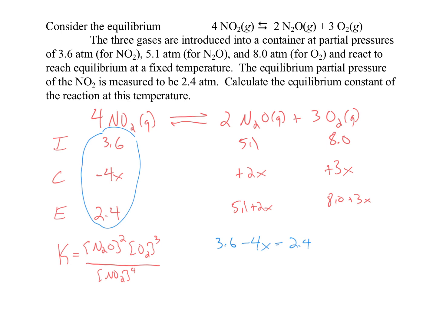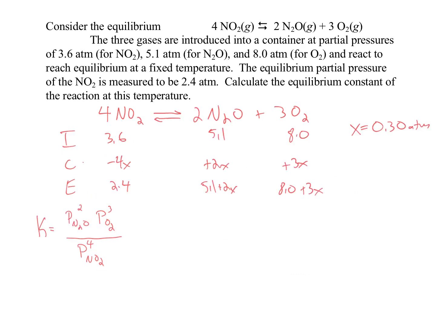So when I solve for x, I'll subtract 3.6 from both sides. So I have minus 4x equals minus 1.2. Divide both sides by negative 4, and so I get x to be positive 0.30 atmospheres. All right, and I'm out of room, so I'm going to just go on to the next slide.